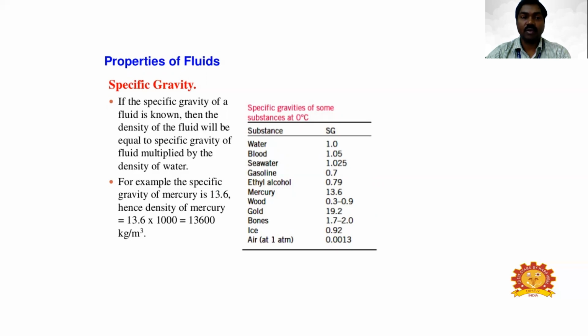As a small example, the specific gravity of mercury is 13.6. So we multiply it by 1,000 and we get 13,600 kg per meter cube.